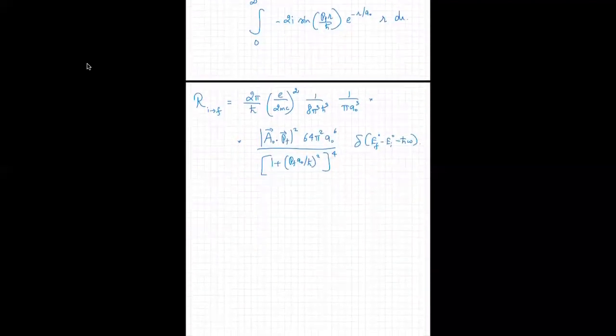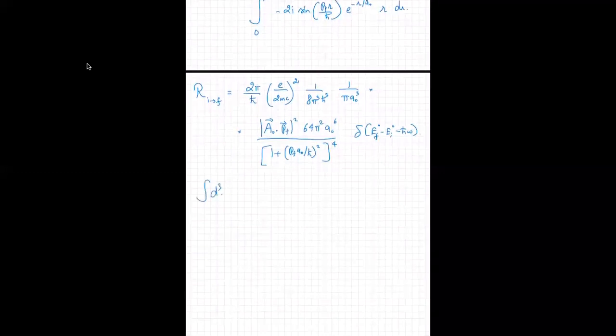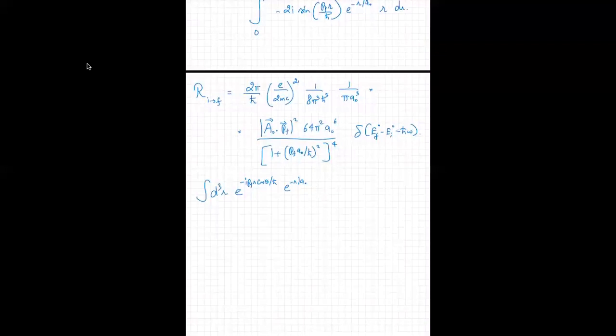So basically what we've said is that this integration d cubed r e to the minus i pf r cosine theta over h bar, e to the minus r over a0, r square dr, is 8 pi divided by a0, divided by 1 over a0 square plus Pf over h bar the whole square, this quantity.